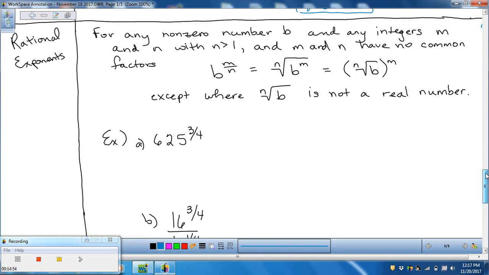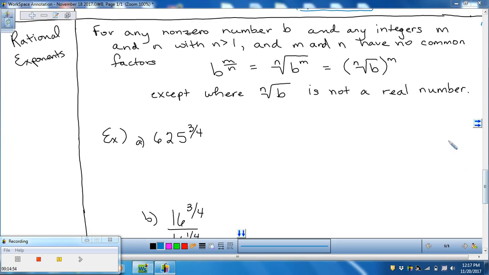Alright, first example. Example A, we have 625 to the 3/4 power. First thing we're going to do is break down the 625. 625 is 25 times 25, and 25 is 5 times 5. We end up with 625 being 5 to the 4th power, and then we're raising that to the 3/4 power.